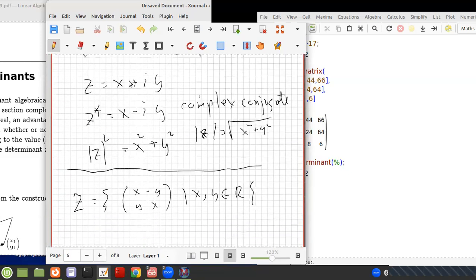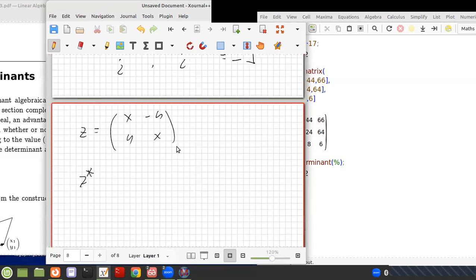So the complex conjugate just changes the sign of the y. So if I choose this and I just change the sign of the y, this equals Z transpose. So the transpose is the complex conjugate.